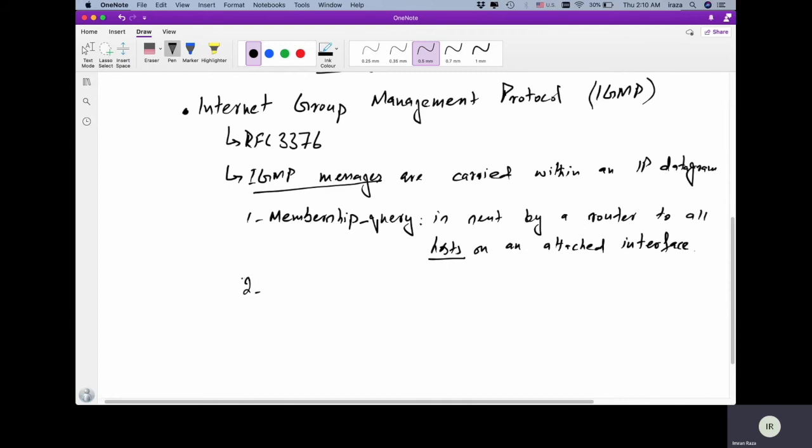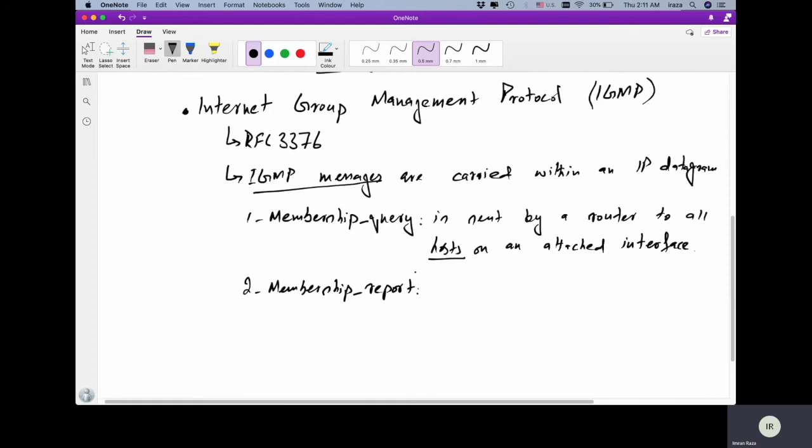The second message is the membership report. So the hosts respond to a membership query message with an IGMP membership report message.